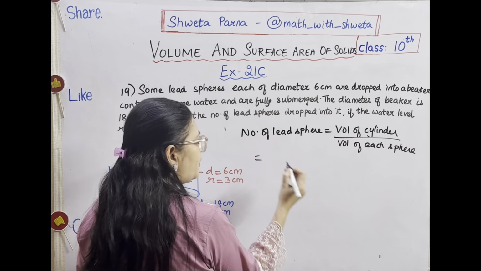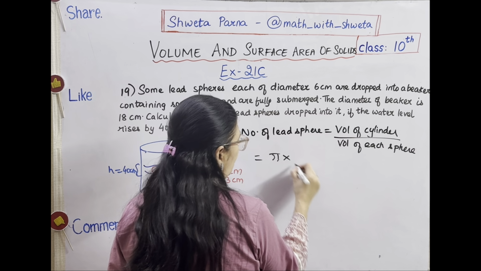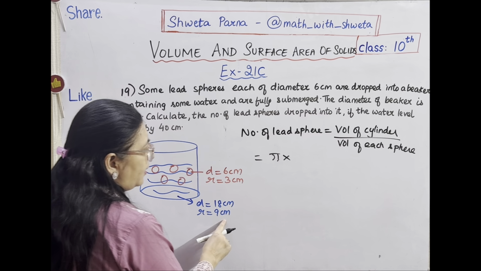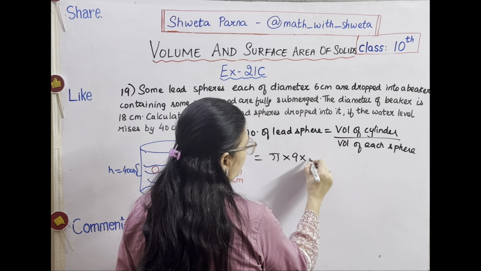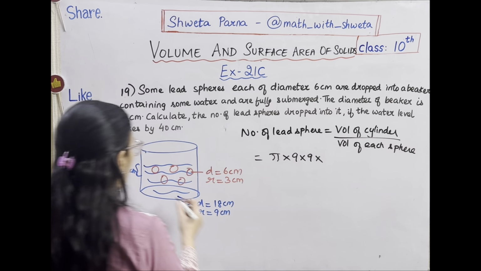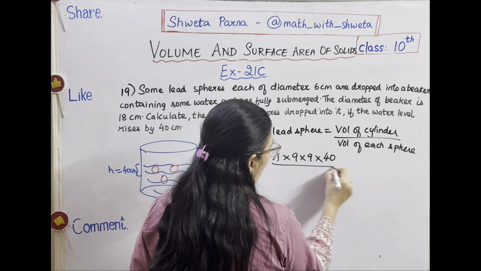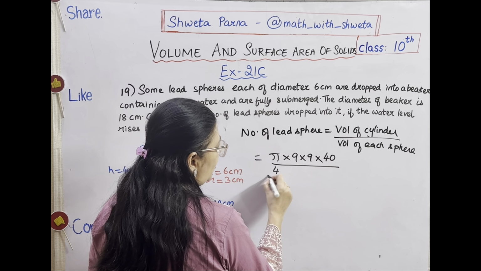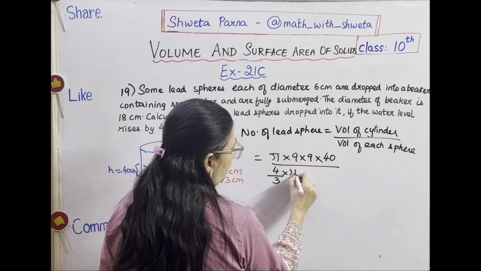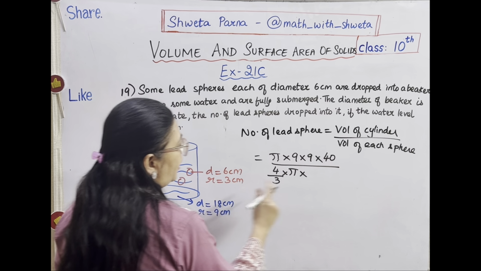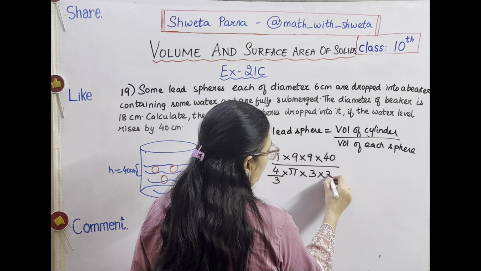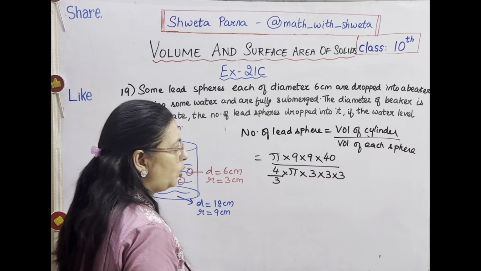What is the volume of the cylinder? It is pi into r square. What is the radius? 9. 9 into 9 into what is the height? Height has increased by 40 centimeters, so that is the height. Upon the volume of each sphere, which is 4 by 3 into pi into r cube. What is r? It is 3 into 3 into 3.